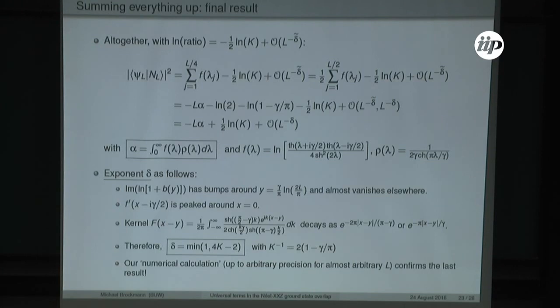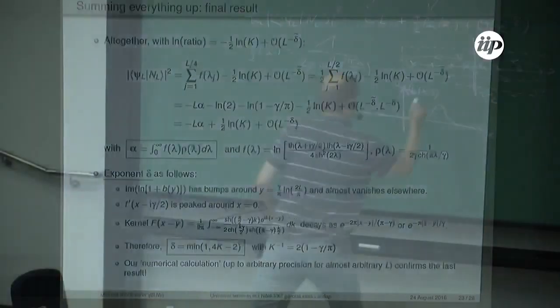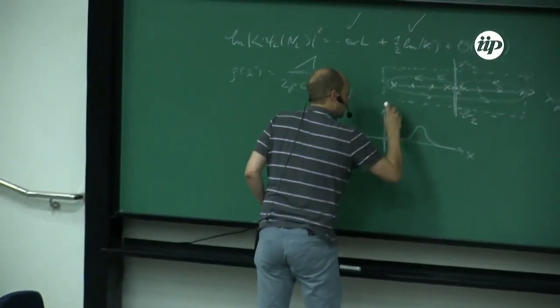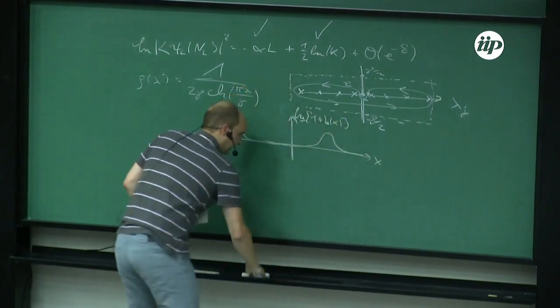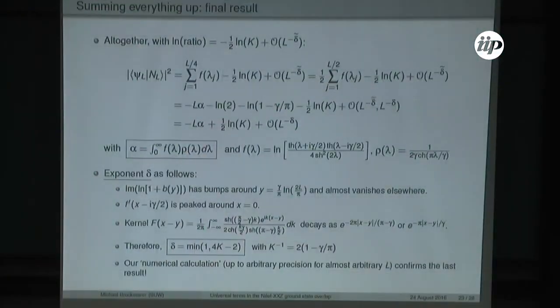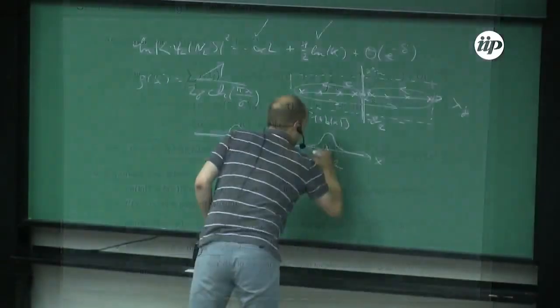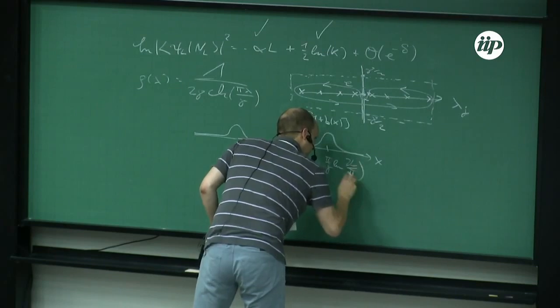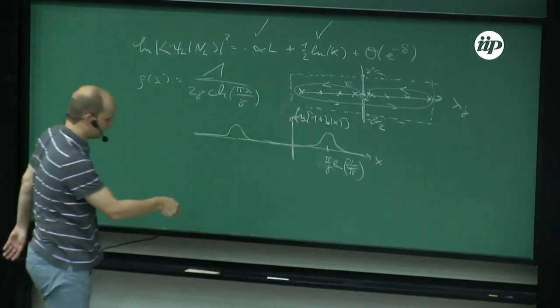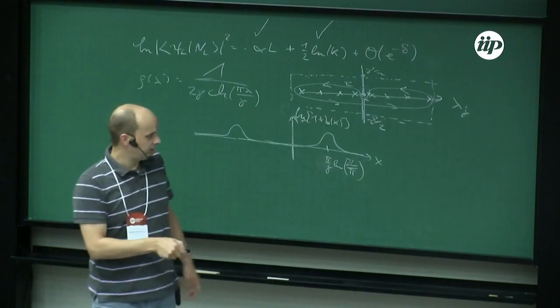Okay, so the exponent delta we get as follows. First we observe that the function ln 1 plus b, sorry, I did it wrong here, it has bumps. And these bumps are at ln 2L over pi, somewhere around here, and the function f is peaked around 0.